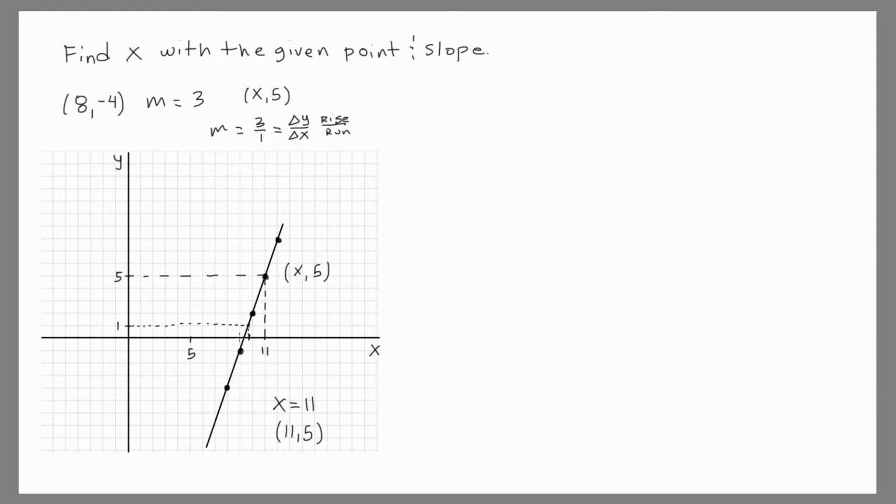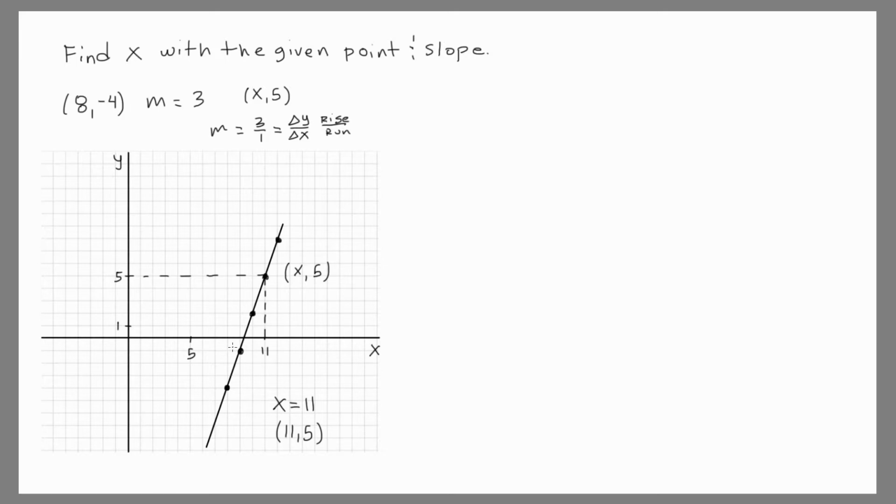So it's between 9 and 10, and it looks like it's a little bit more than 9.5. So we can sort of estimate. That's one of the problems: you would probably have to estimate the answer if it doesn't land perfectly.